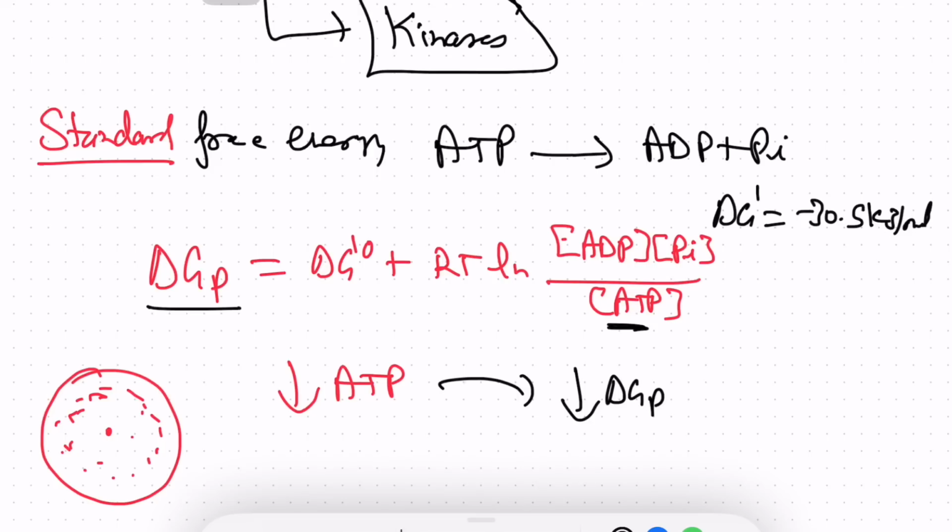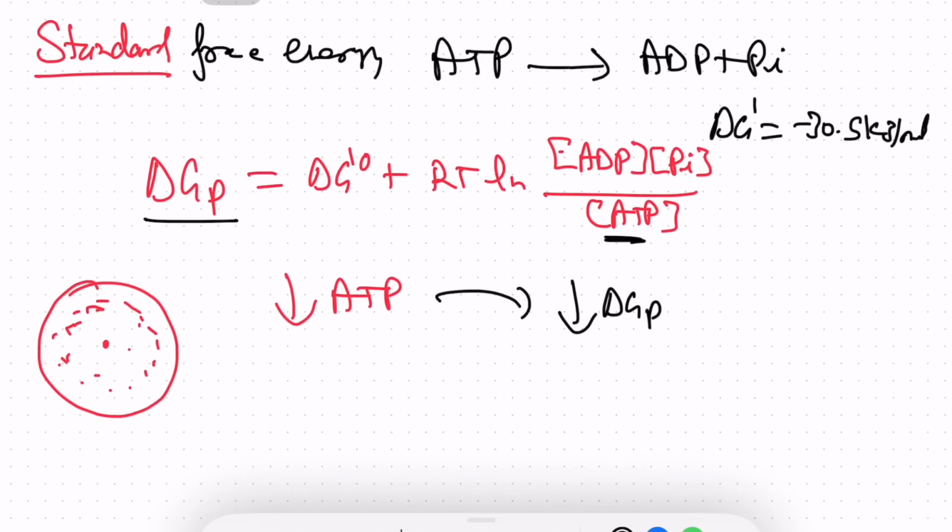ATP is giving energy, but the more ATP within the cell, the more release of free energy from the ATP. So the cell wants to have more ATP so that more energy is released per hydrolysis.